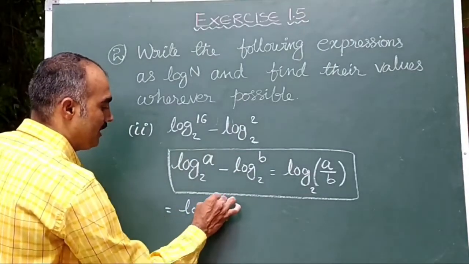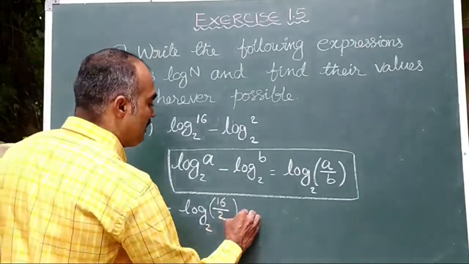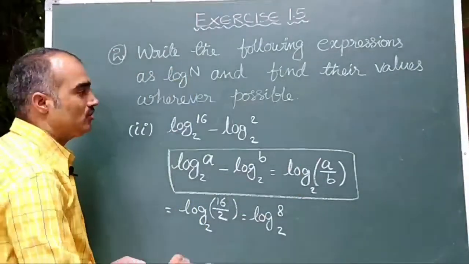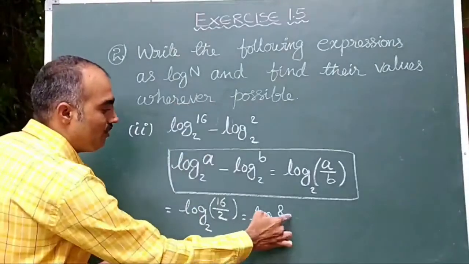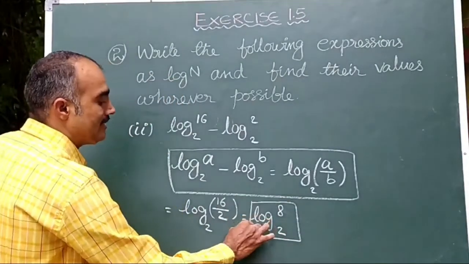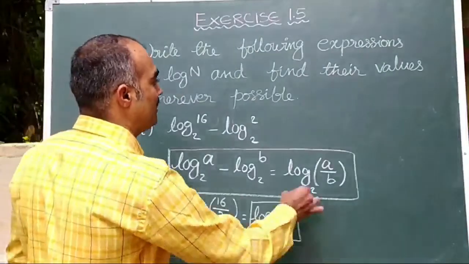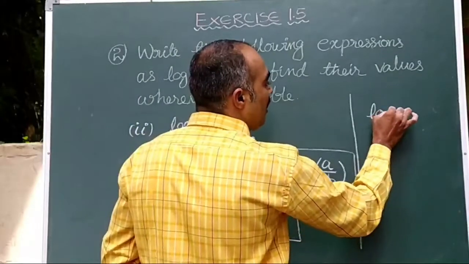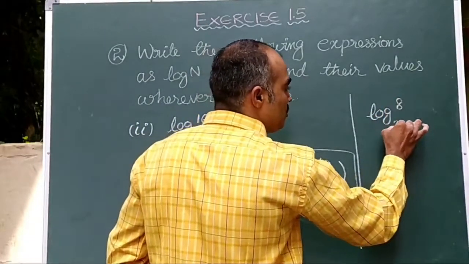So here also one base. Let us simplify this one as log 8 base 2. So we have written the form of log n. This is the first part of the problem, and the second one, if possible, we will simplify. Let us see here, children, let us take log 8 base 2.